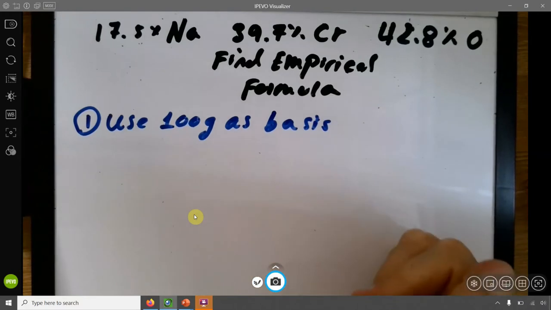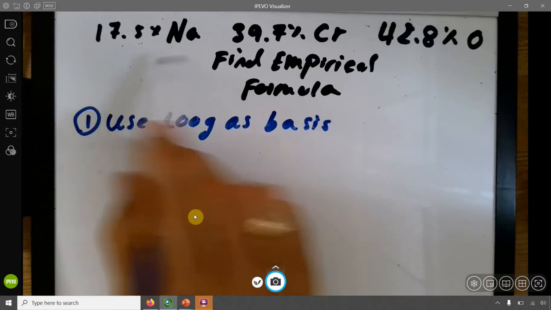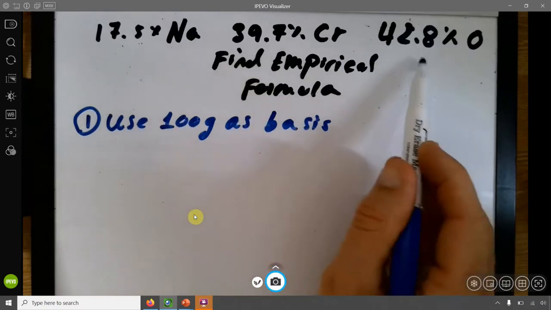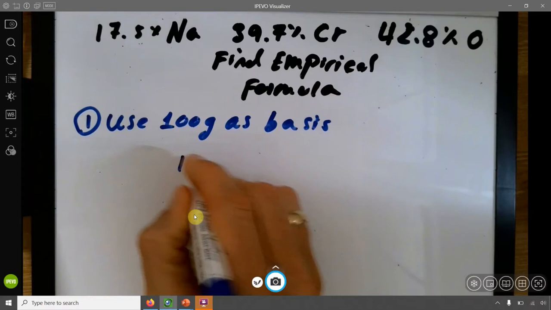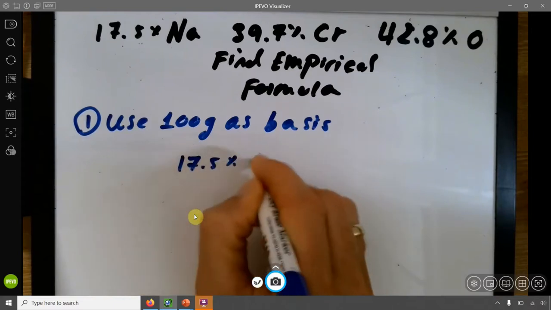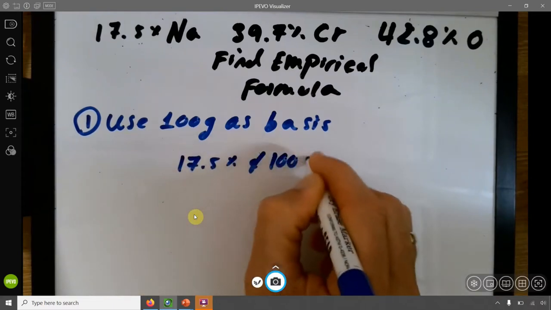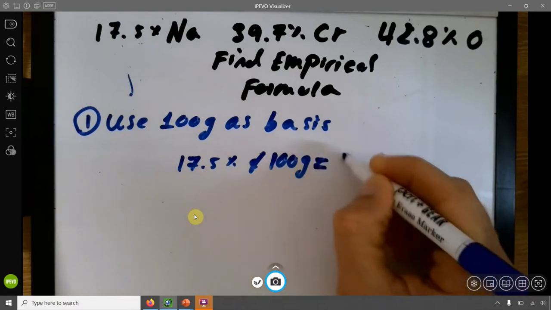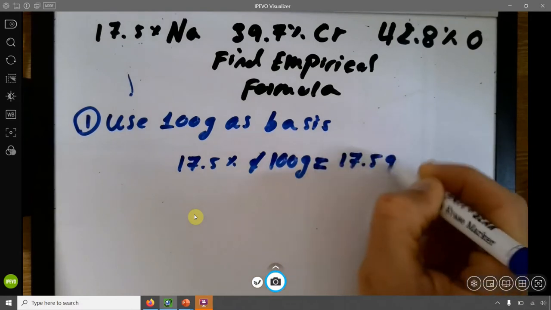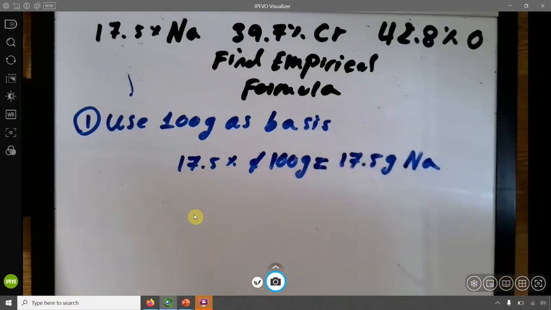If I just assume I have 100 grams, that means 17.5 grams is this, 39.7 grams is this, and 42.8 grams is this. So it will be 17.5% of 100 grams, which gives me 17.5 grams Na.